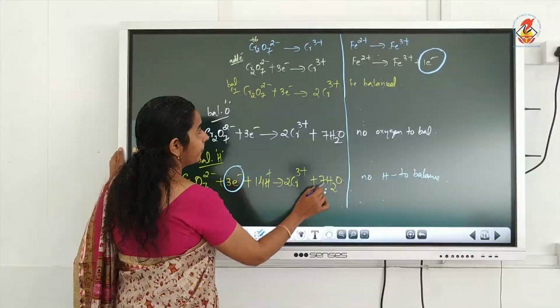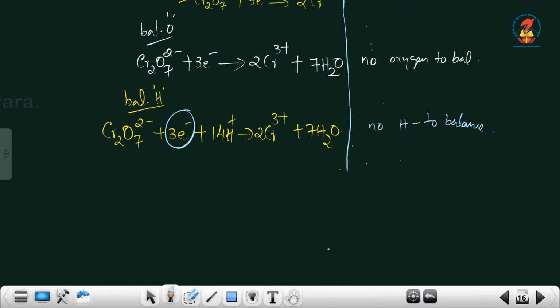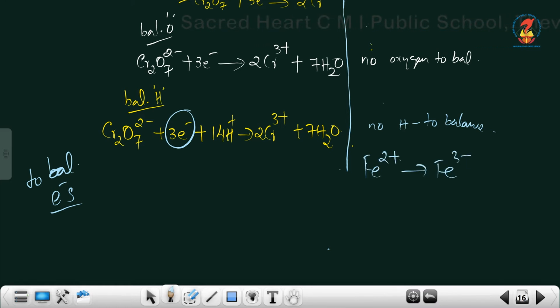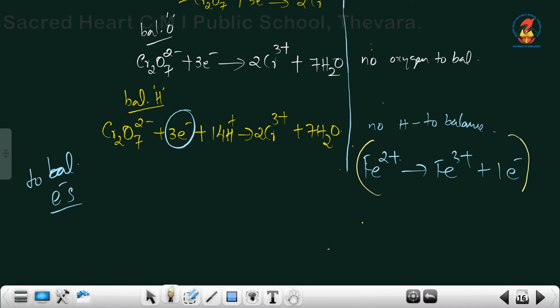To balance electrons, here there is nothing to do. This equation, Fe2+ giving Fe3+ plus 1 electron, we have to multiply with 3.